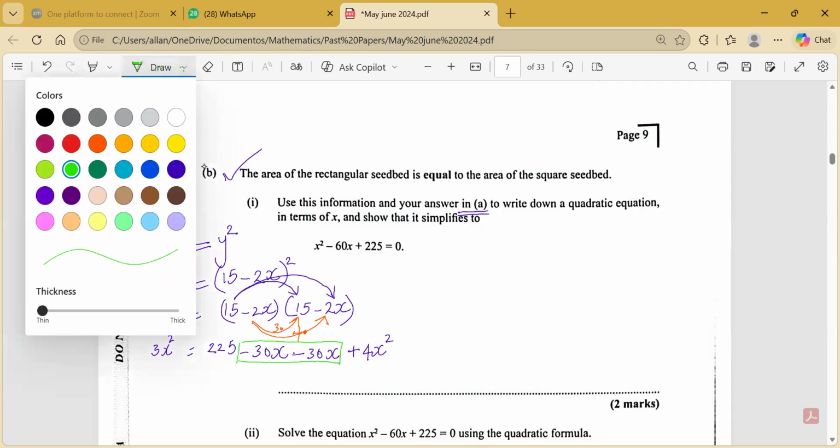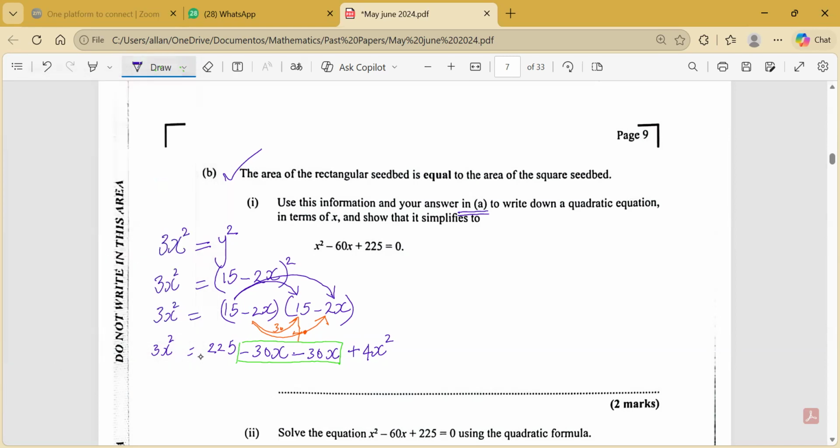We're simplifying. Negative 60x. So we have 3x squared equal to 225 minus 60x plus 4x squared. We're not done.